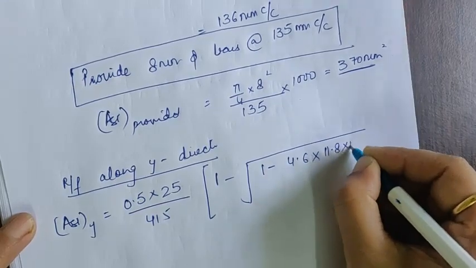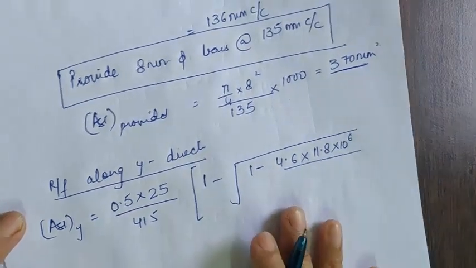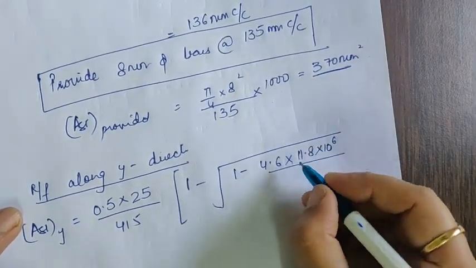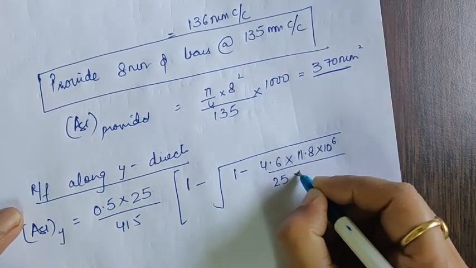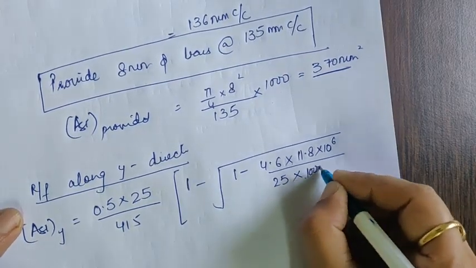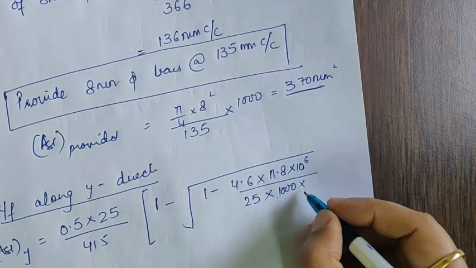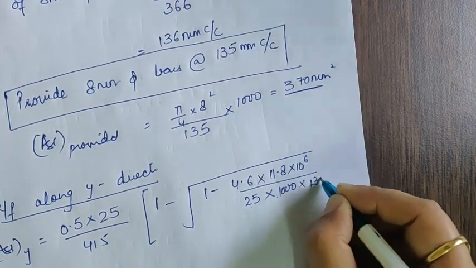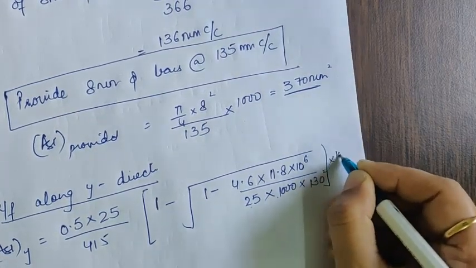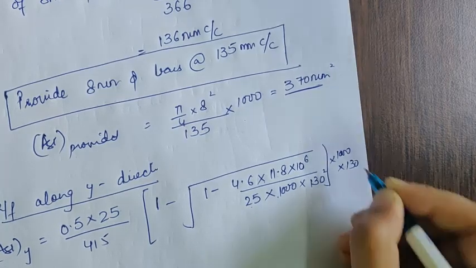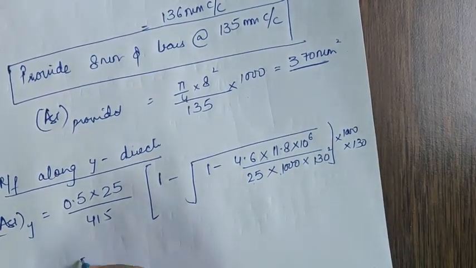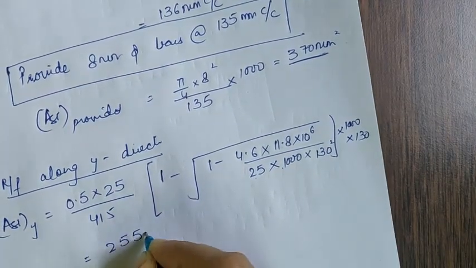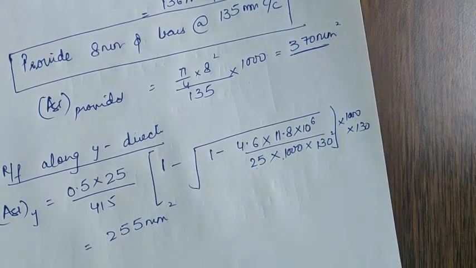So 11.8 into 10 raised to power 6 upon 25 into 1000, that is fck into b. d in this case will be 130 square, 1000 into 130. So this is coming out to be nearly 255 millimeter square.